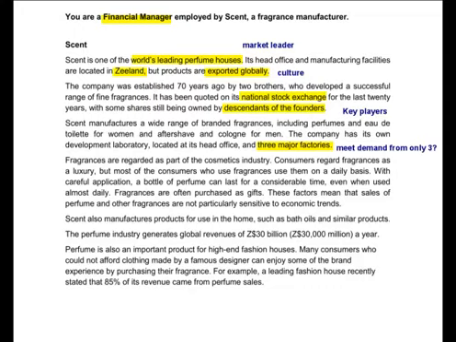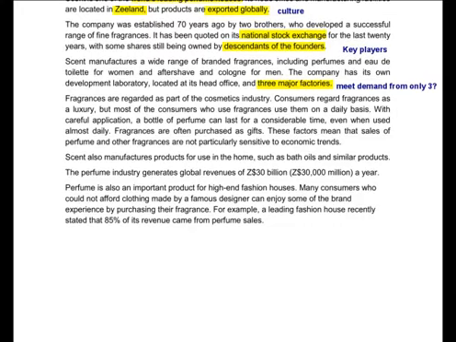So we see here that fragrances are considered part of the cosmetics industry. Now, the cosmetics industry obviously is a much larger, broader industry that produces things like makeup, hair dyes, etc. The key player in this larger cosmetics industry is L'Oreal.